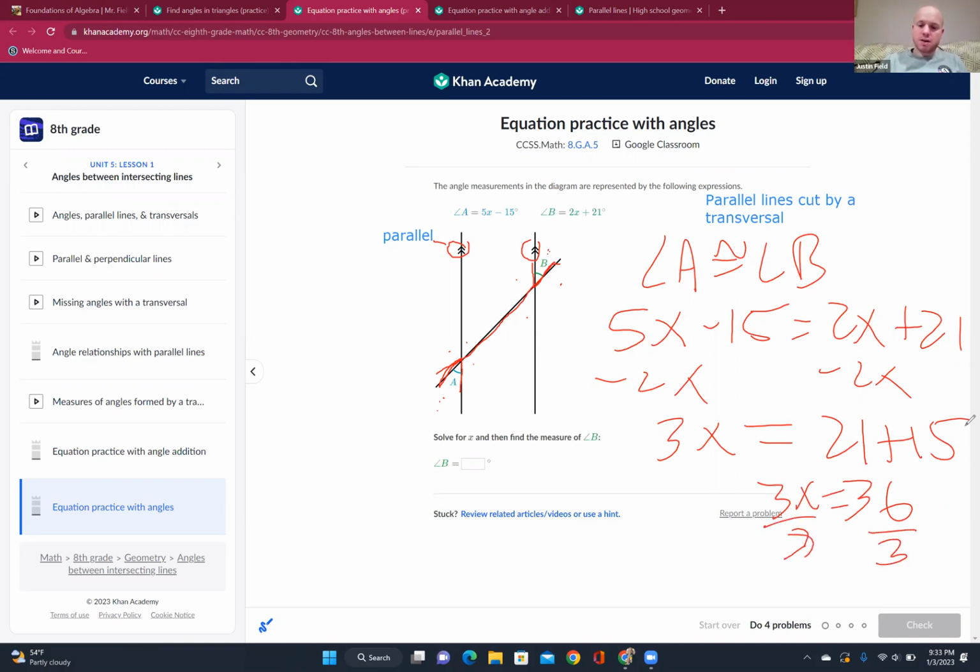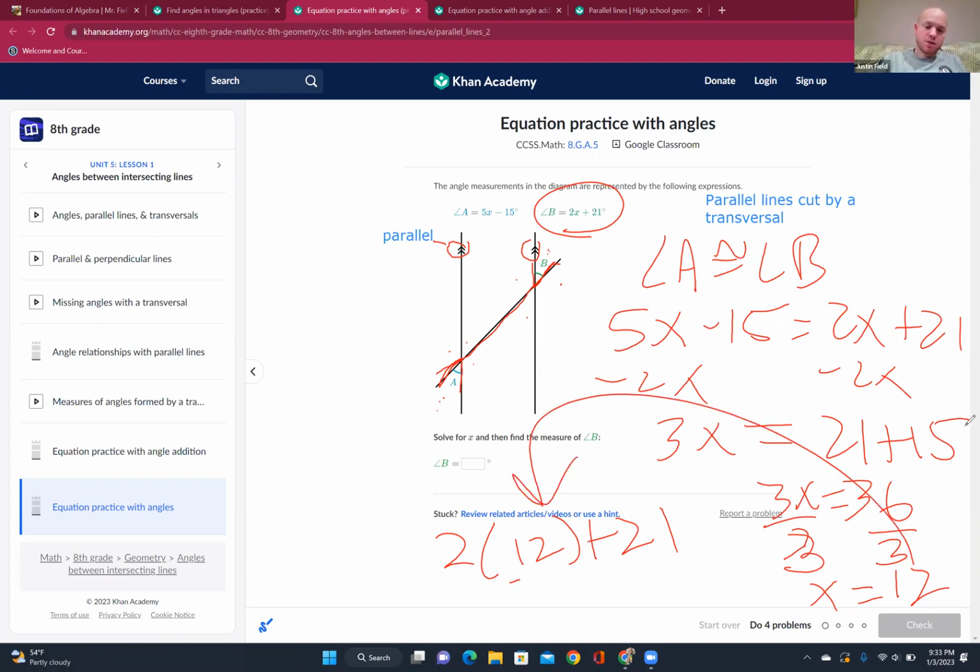And then what does x equal? It is 12. So x is 12. But we want to know angle B. We don't want to know x. Angle B is 2x plus 21. So we have to do 2 times 12 plus 21. Substitute our x value in, which is 24 plus 21, which would be 45.